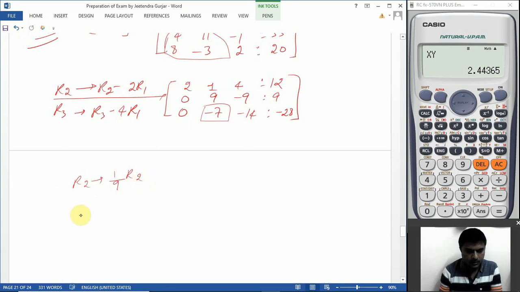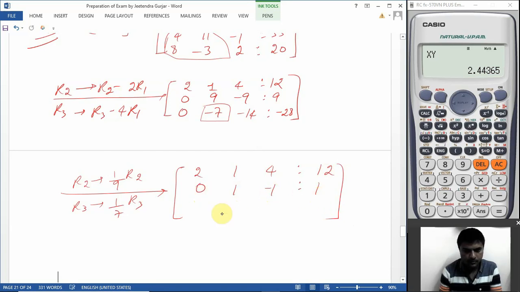So I will take this as 2, 1, 4, 12, and this is 0, 1, minus 1, 1. This is 0, 0, 3, and I am getting here 3. Use the calculator and please try this value, students. Easily you will get it.